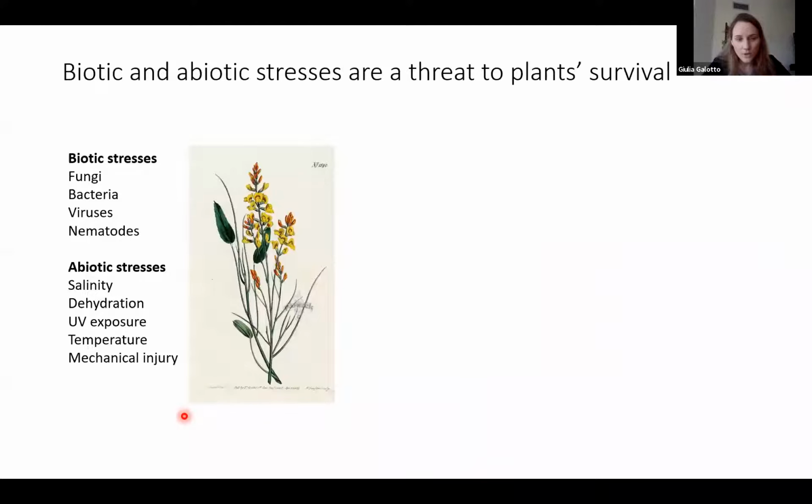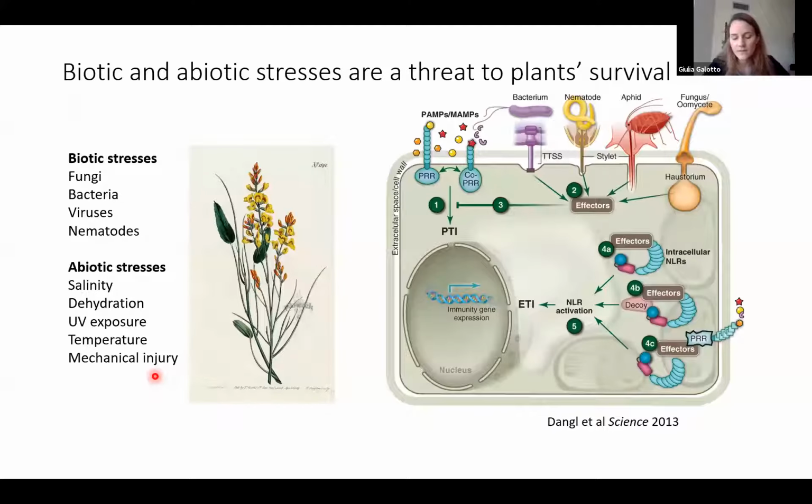Plant growth and survival are threatened by a variety of biotic and abiotic stresses. For plants to survive such stresses, they evolved an immune system. This is a schematic of the immune system at the cell level. The defense system starts at the plasma membrane, where plants exhibit PRRs, pattern recognition receptors, which interact with pathogen or microbe-associated molecular patterns, PAMPs or MAMPs.